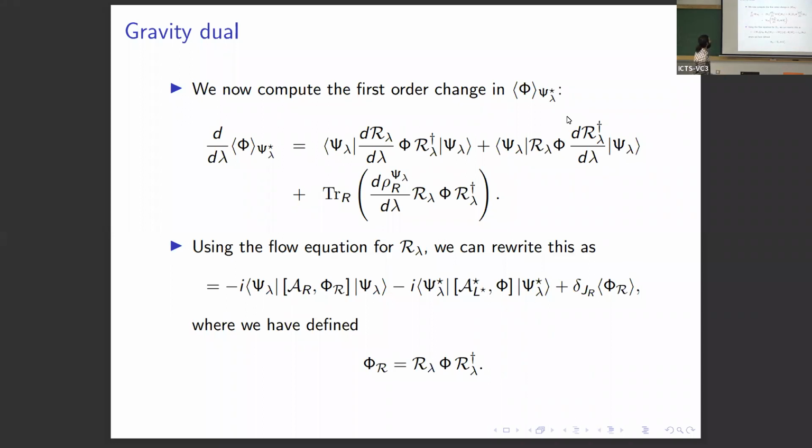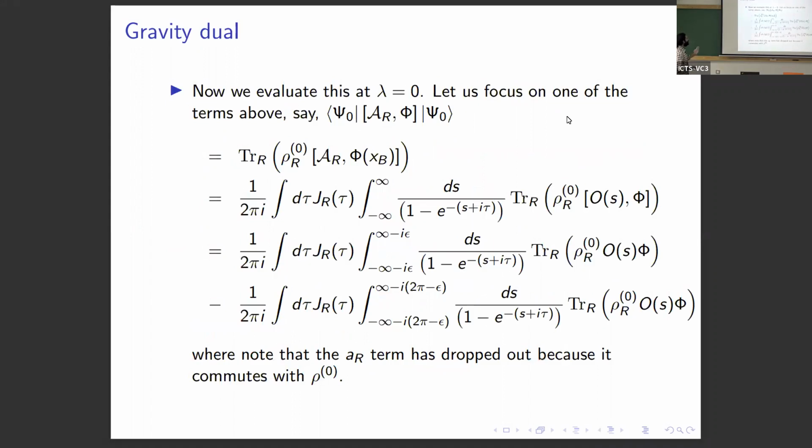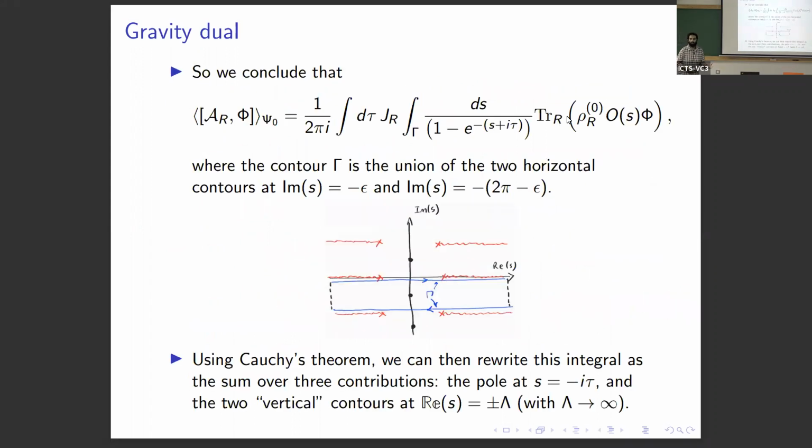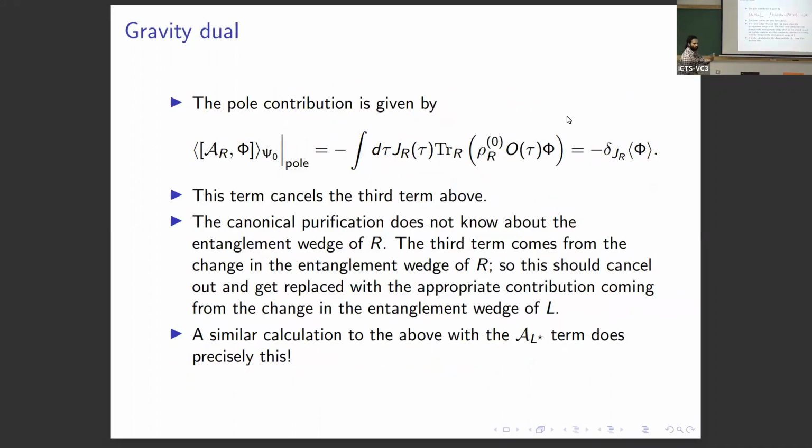So the pole contributions from these first two terms give you something you had expected from Engelhardt-Wald, namely that the dual of the canonical purification is to take the entanglement wedge of the left, CPT reflect, and glue them together. The pole contributions just reflect that fact.